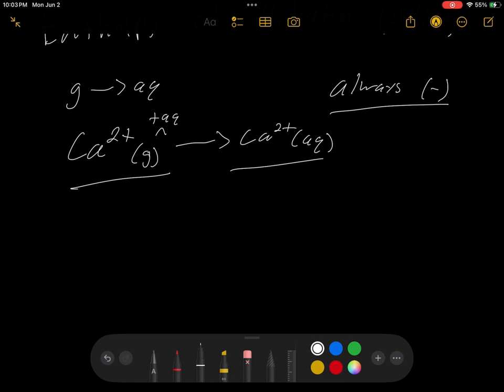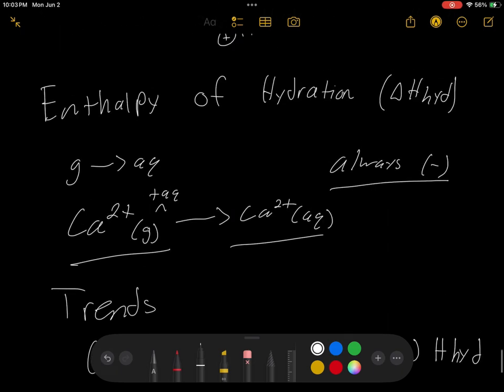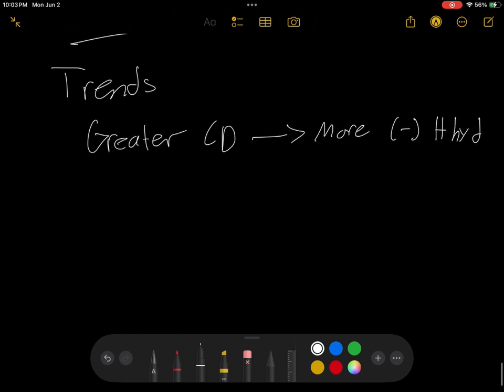Okay, so the trends of this enthalpy are the exact same as delta H lat, right? So the greater your charge density, the more negative your delta H hydration. And for similar reasons to what we saw before, a greater charge density allows these ion dipole bonds to be more easily formed.